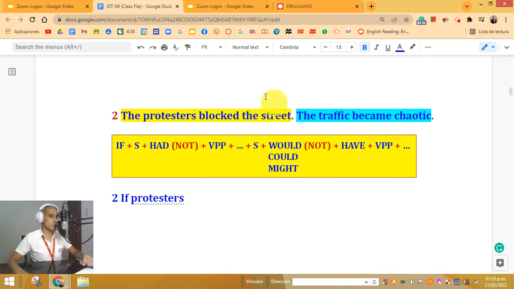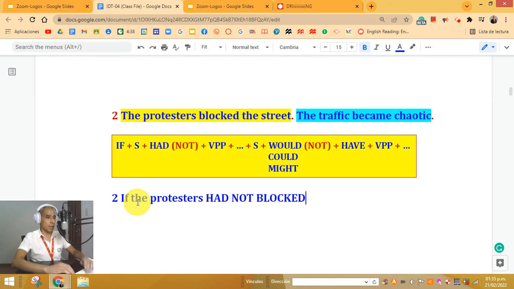So in order to change it to the conditional, I have to change it to the negative form. What do I need? Hadn't or had not, because the original sentence is in the affirmative form. Had not blocked. I copy the complement, the street.